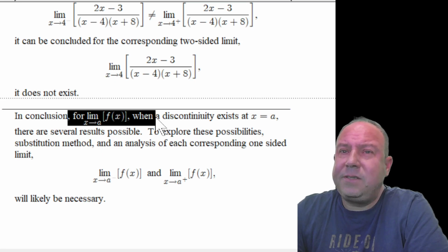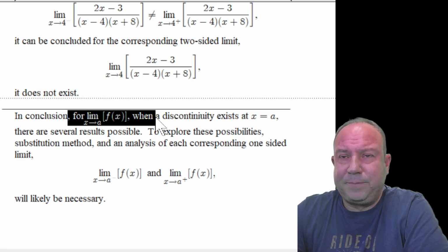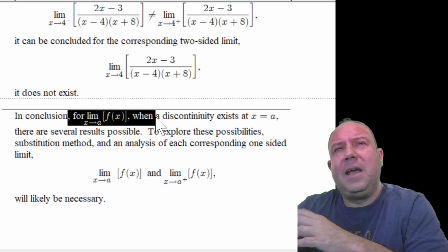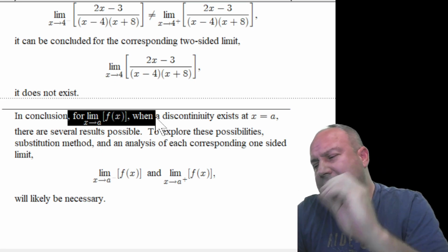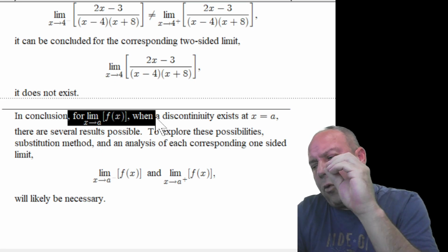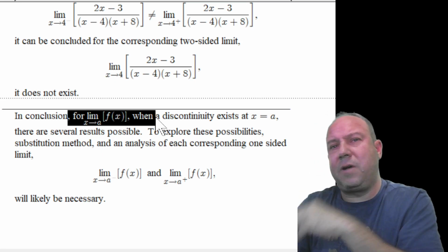There are instances where we want to be cautious. And in our analysis, once we try substitution, it is when we get that form P over 0 where P is not 0.